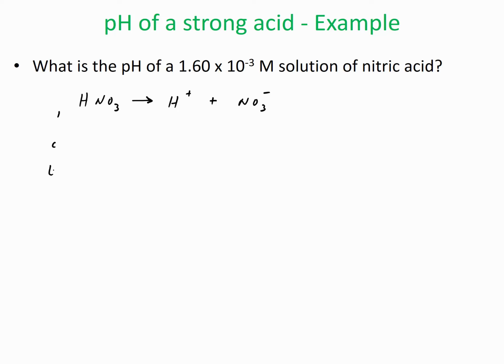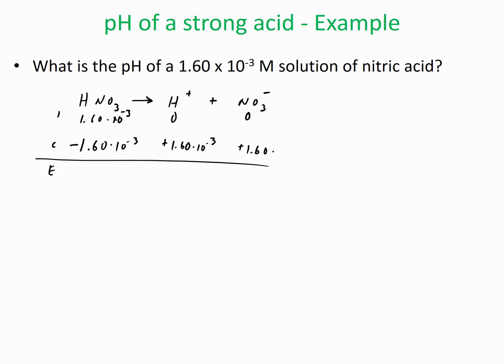If you had an ICE table, the initial amount is 1.60 times 10 to the negative third. All of it goes, so minus 1.60 times 10 to the negative third. These are zeros at the beginning, and all of it goes over here, giving 1.60 times 10 to the negative third for each. The amount here at equilibrium is 0.